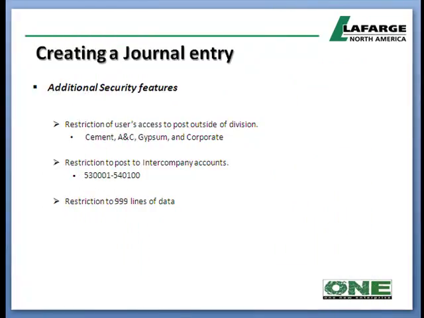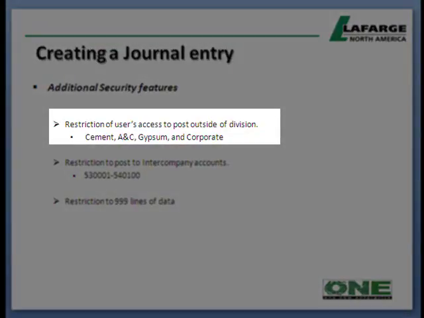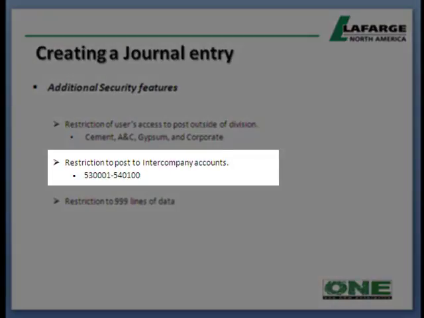There are 3 new security features that have been added to this application. The first is the restriction of a user's access to post outside of a division. There are 4 divisions: Cement, A&C, Gypsum, and Corporate. The second security feature is the restriction to post to the intercompany accounts in the range 530001 through 540100.